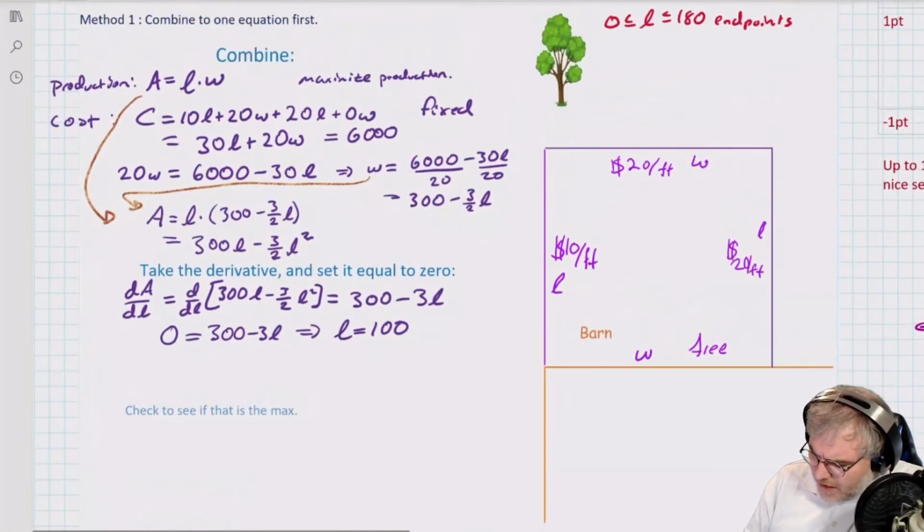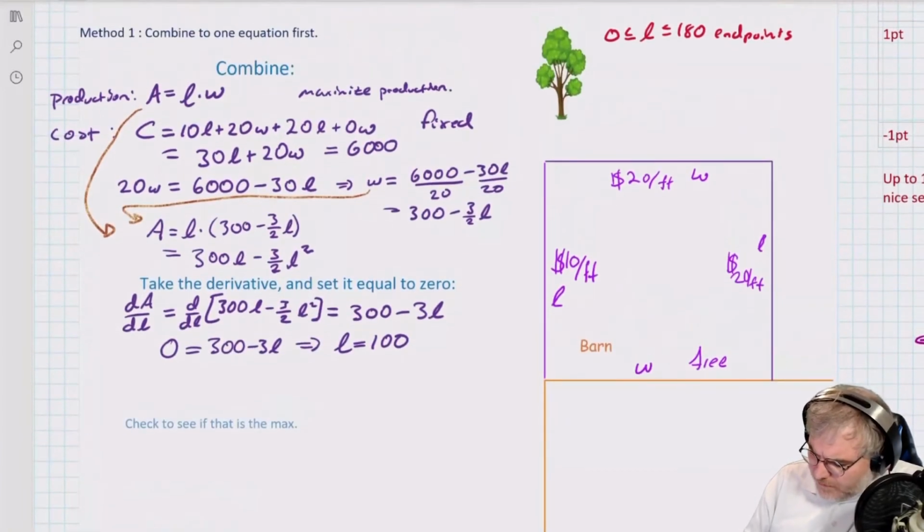All right. And since 100 is between my endpoints, that's a critical value. So, values to check: 0, 180, and 100.